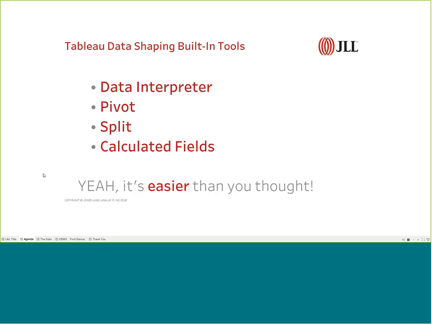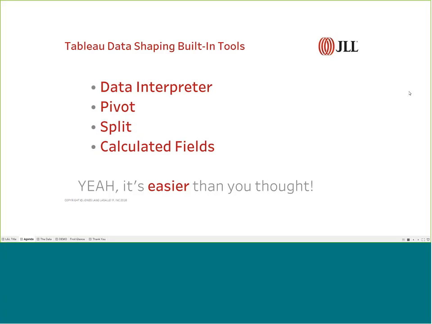Okay? So for today's agenda, we're going to have 4 simple topics. We're going to talk about the data interpreter. We're going to talk about pivoting your data inside of Tableau. We're going to talk about splitting a combined field.